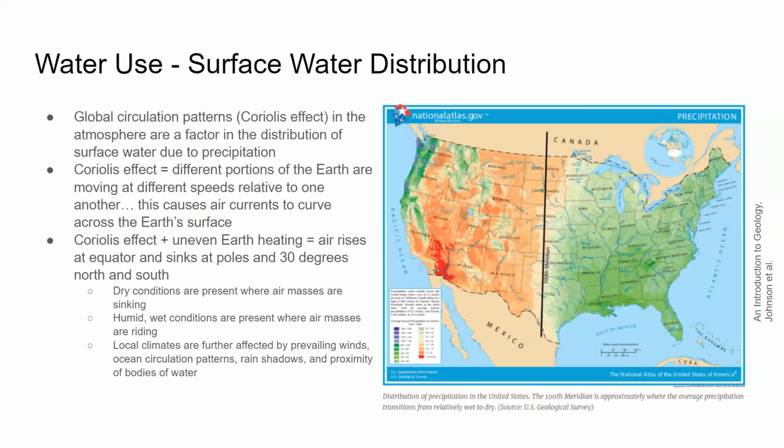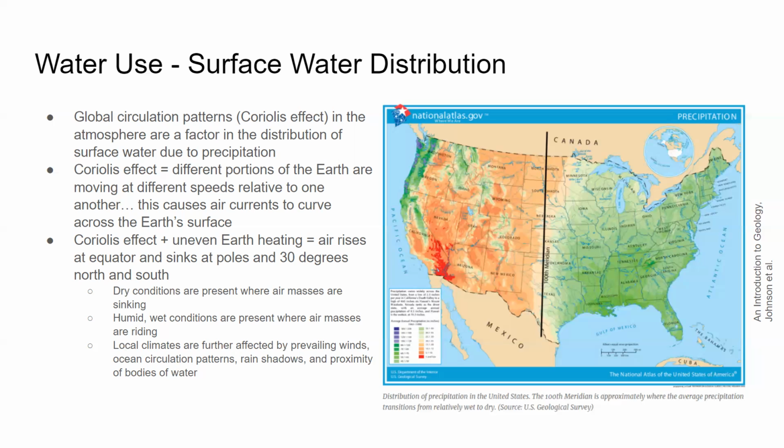The Coriolis effect plus uneven Earth heating causes air to rise at the equator, and to sink at the North and South poles, as well as roughly 30 degrees north and south from there. If you encounter areas that have dry conditions, this is typically where air masses are sinking. If it's humid and wet, that's where air masses are rising.